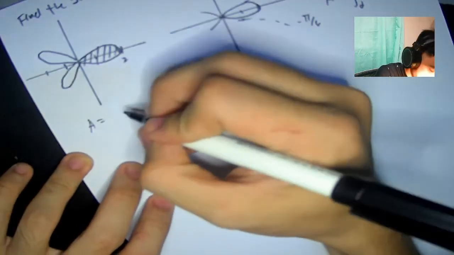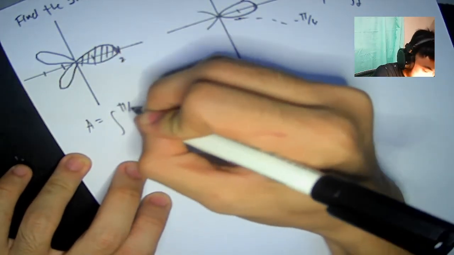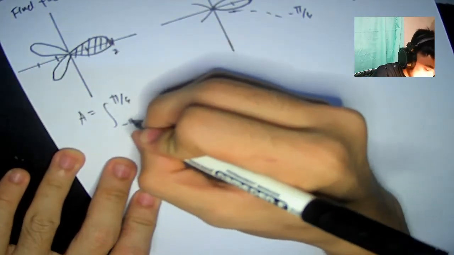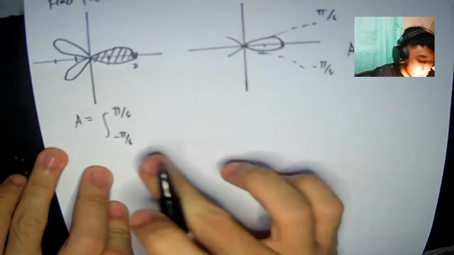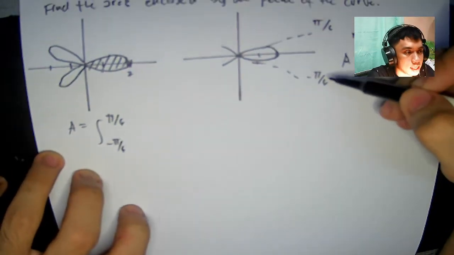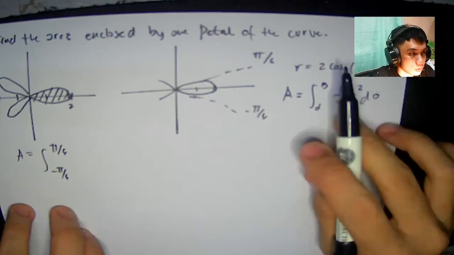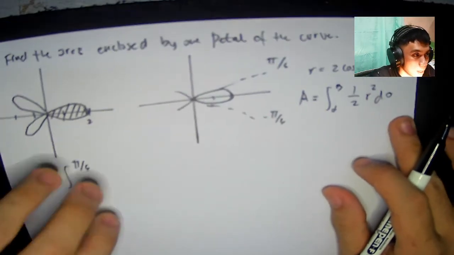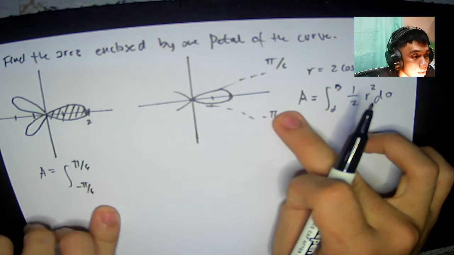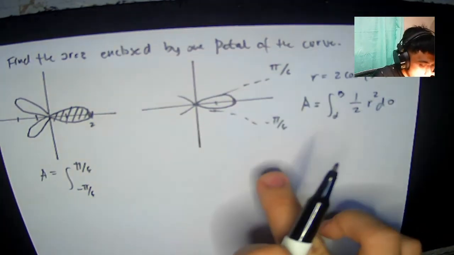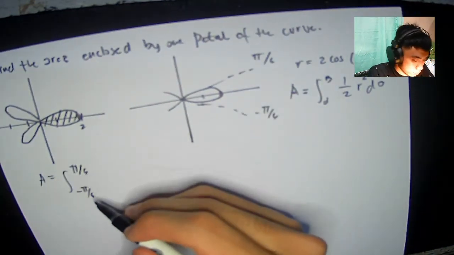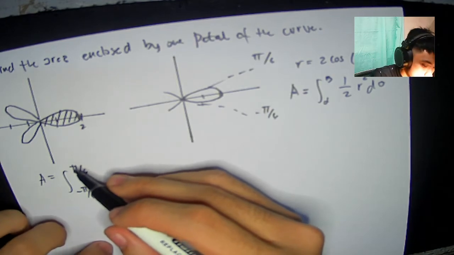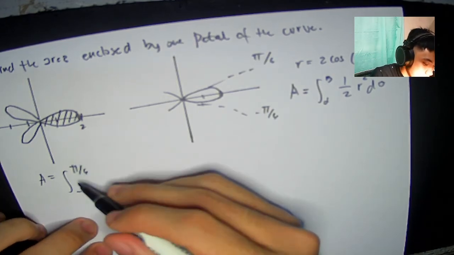So the area is from square root of 6 to negative 6. This is our range because it has symmetry. Sorry if you have not seen that, but it has symmetry, and that is our range. So upper limit, lower limit.